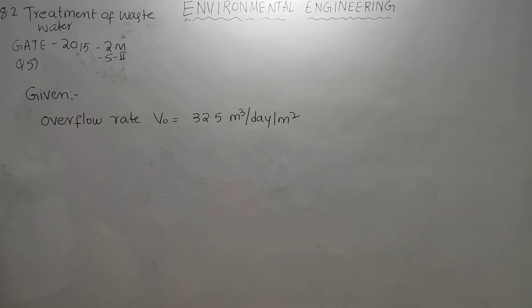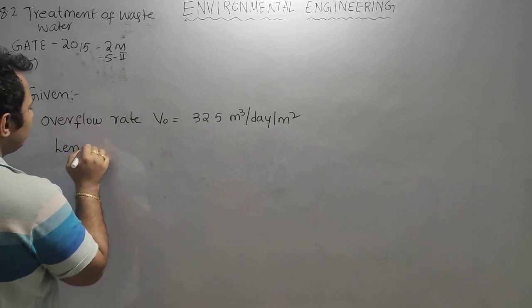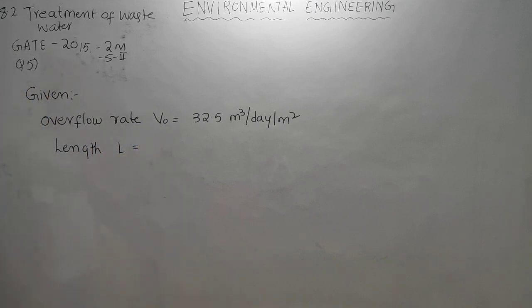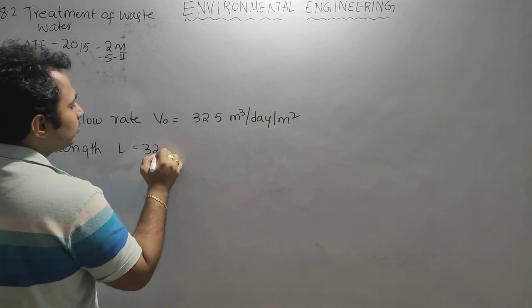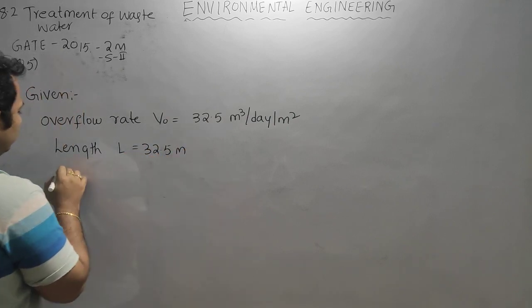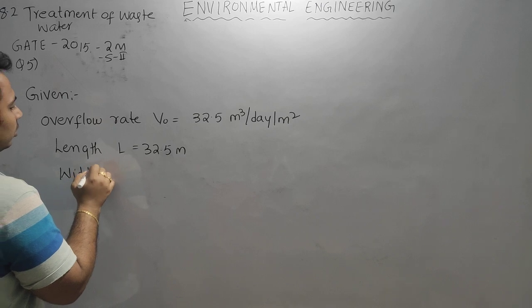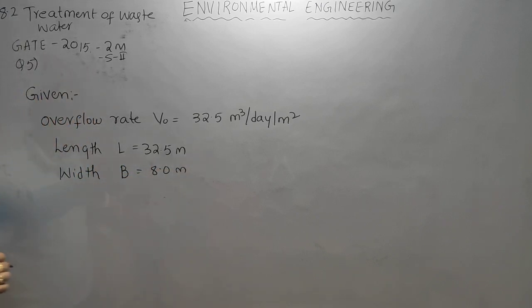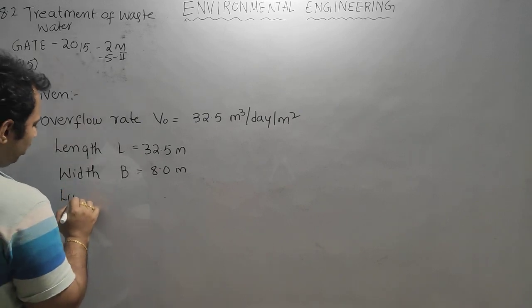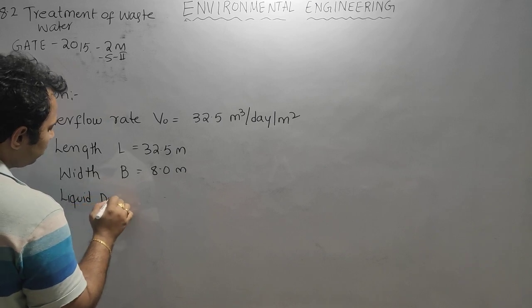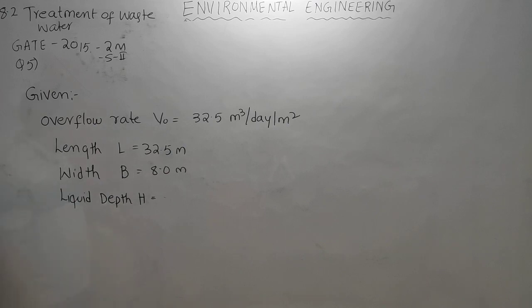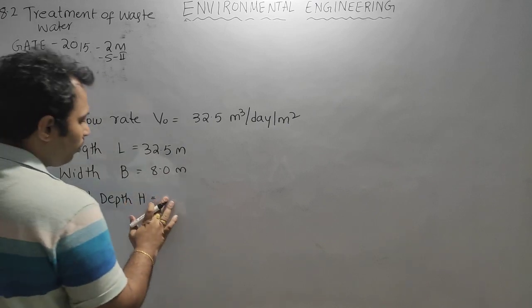The length of the tank L is equal to 32.5 meter, the width B is equal to 8.0 meter, and the liquid depth H is equal to 2.25 meter.